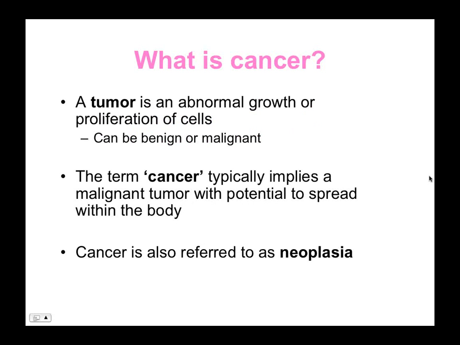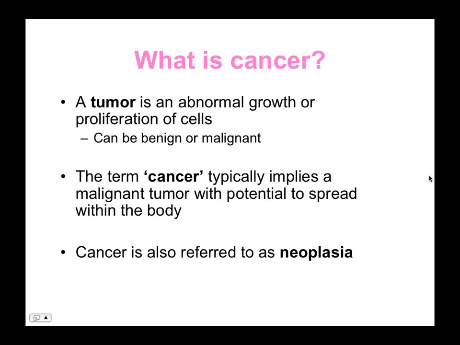So there are a lot of words that are used to describe cancer, so I think it's good to start off trying to answer the question, what is cancer? Tumor is a common word that you're going to hear, and this is really defined as an abnormal growth or proliferation of cells.